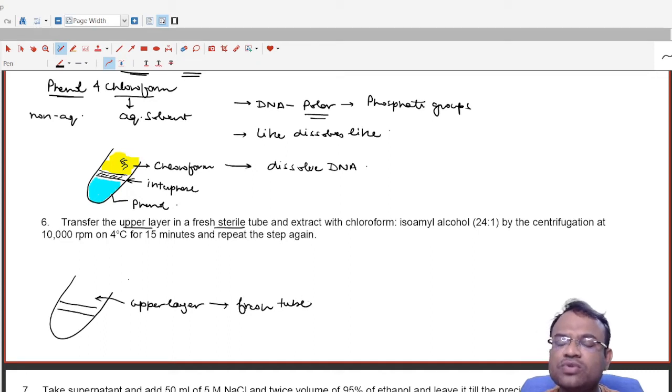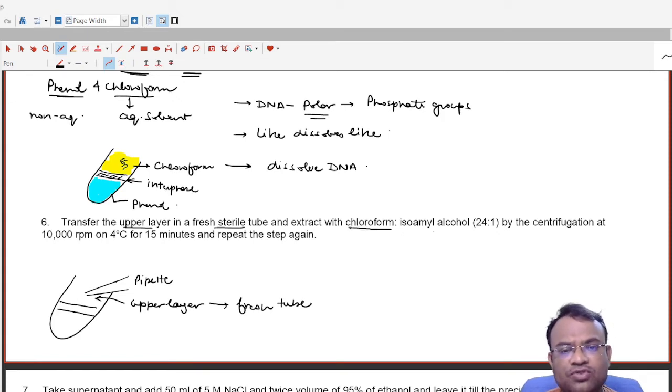Because this layer is only containing DNA. So when you take this out of this tube with the help of a pipette, you pipette out the upper layer, and your DNA is also coming out with this. Then the upper layer is transferred in a fresh sterile tube and extracted with chloroform isoamyl alcohol.